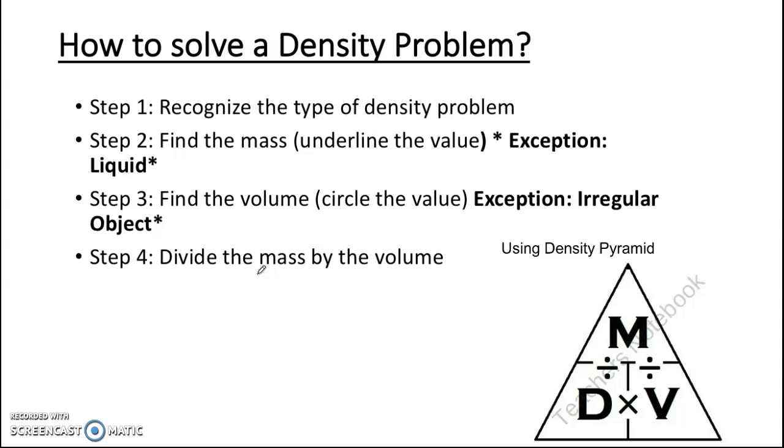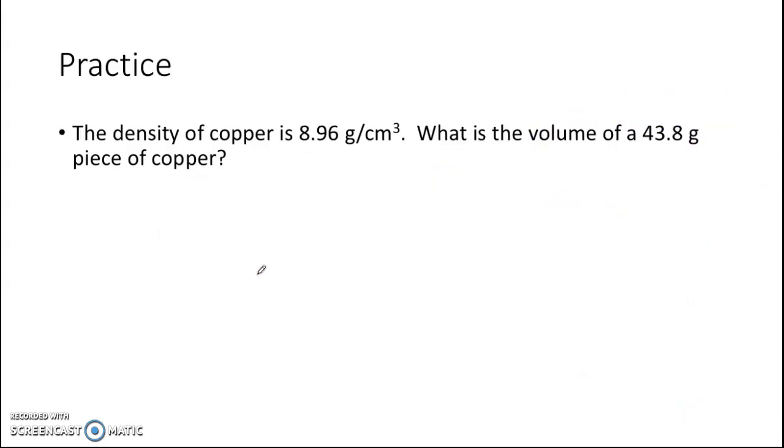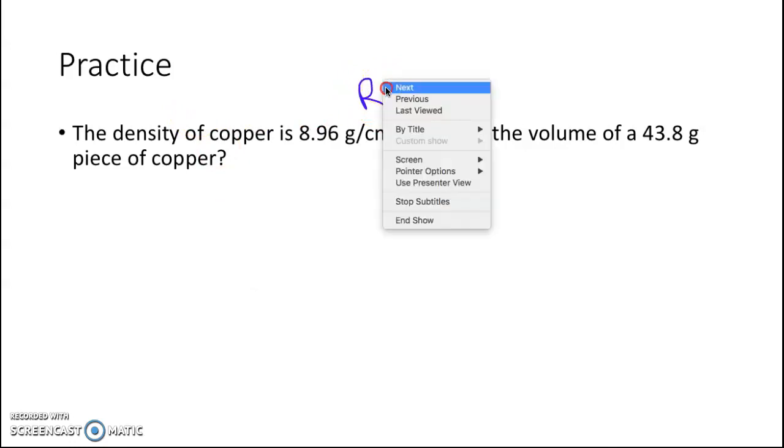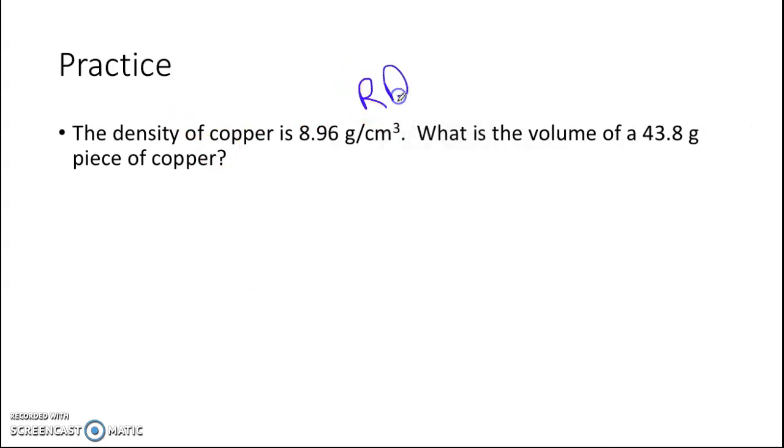Let's deal with one more problem, and this problem is a little bit different. The density of copper is 8.96 grams per centimeters cubed. What is the volume of a 43.8 gram piece of copper? Now look, this is different. Based on the units, I can tell already that this is a regular density problem. How do I know? Because my units give me grams per centimeters cubed. I'm going to record the information I have.